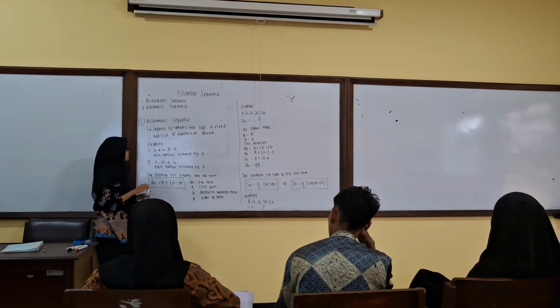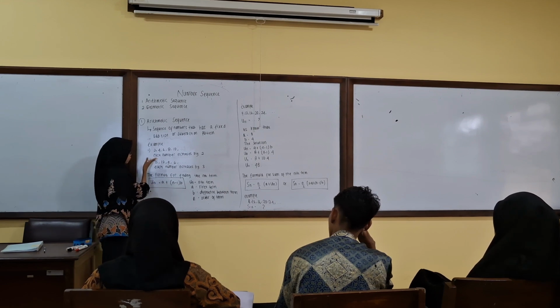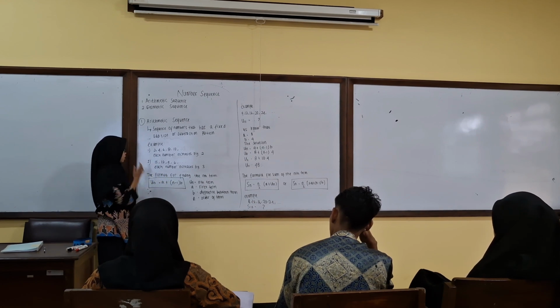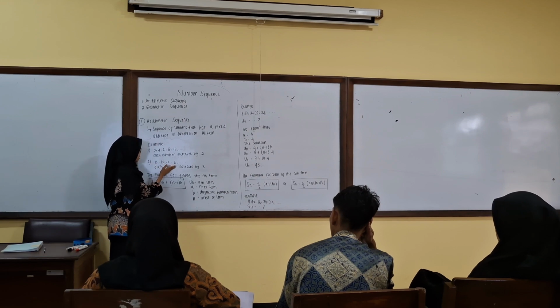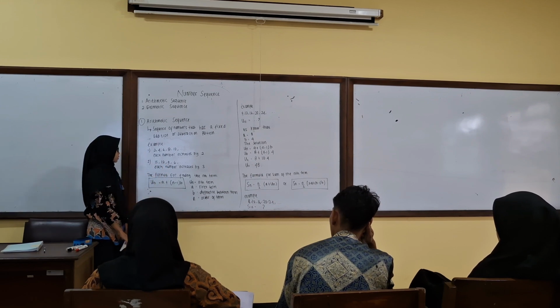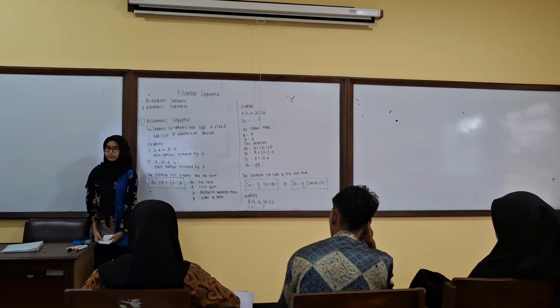Take a look at this example. First example: 2, 4, 6, 8, 10, and so on. Here, each number increases by 2. Second example: 15, 12, 9, 6, and so on. Here, each number decreases by 3.